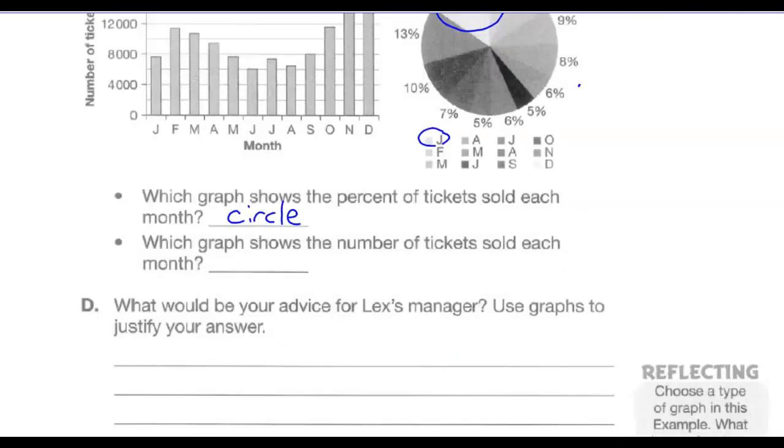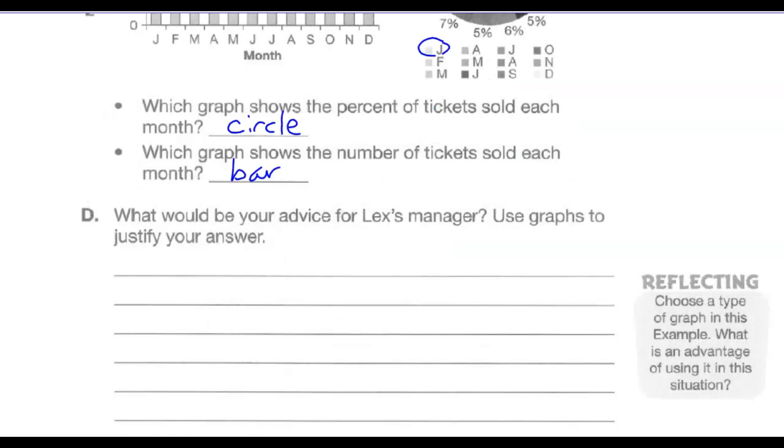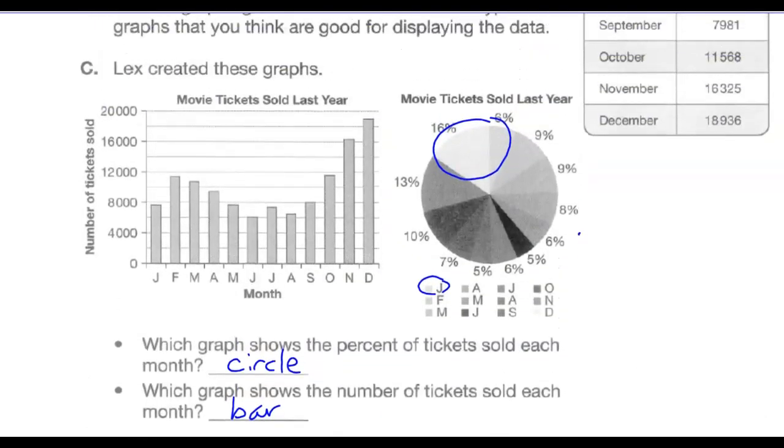Which graph shows the number of tickets sold each month? That would be the bar graph. What would your advice be for Lex's manager? Well, based on this, the manager wanted to hire fewer people, but you can see November, December, January is kind of low, but comparatively, the summer months here are very low.